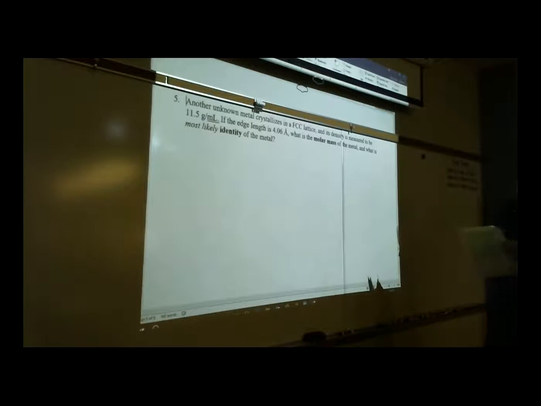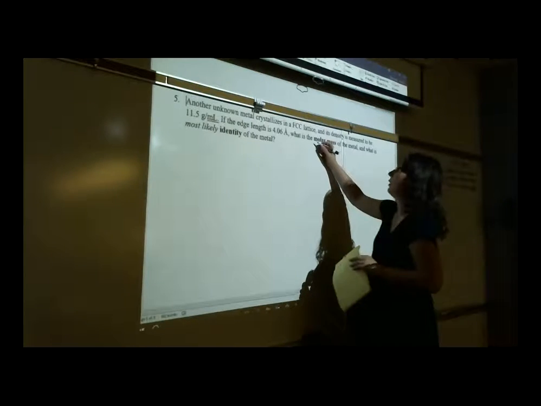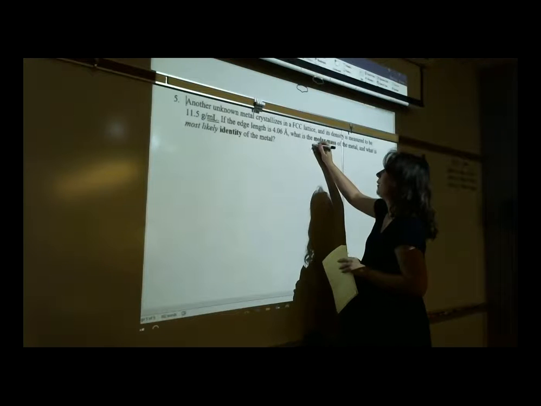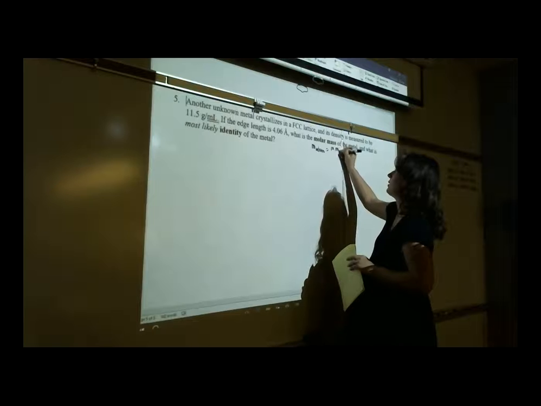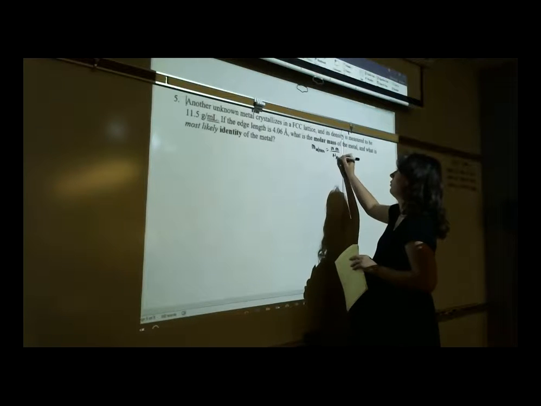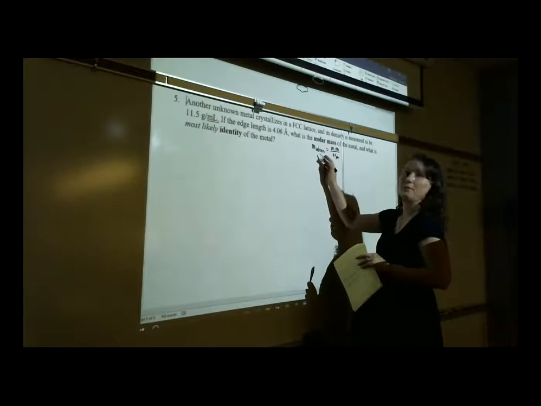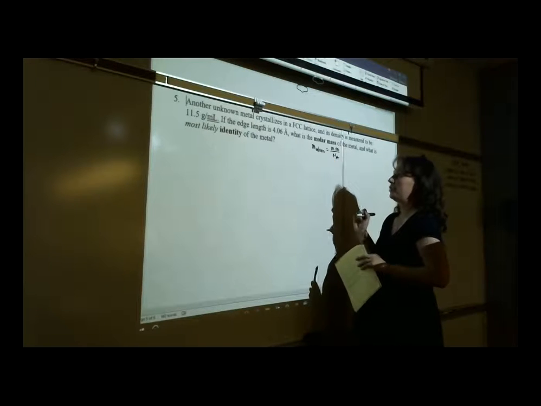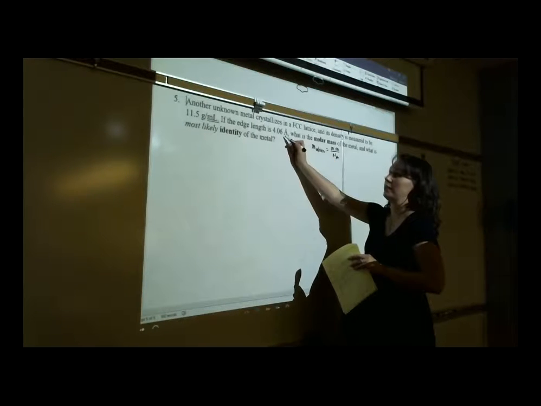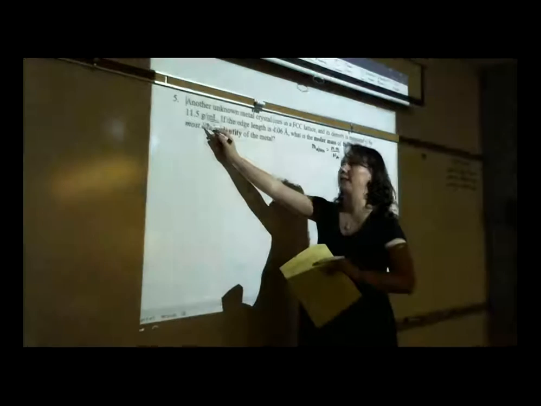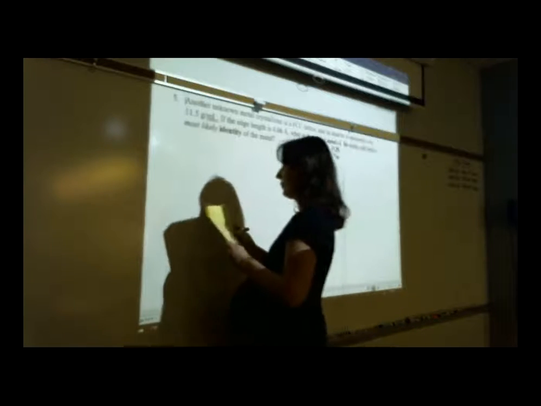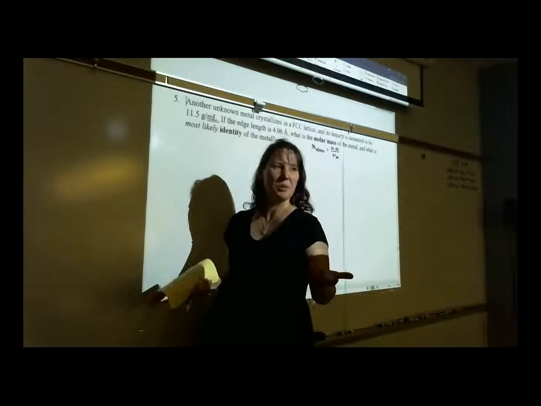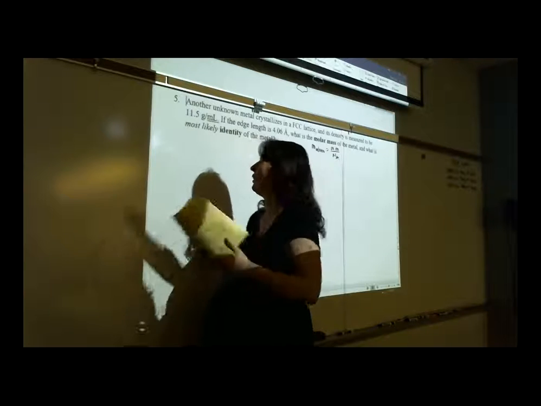Because remember, our ultimate goal, if mass of an atom is molar mass over Avogadro's number, is to eventually get mass of an atom. So that means we need to turn this into centimeters, so we can turn it into a volume, which we can multiply by the density to get mass of the cell, which then we can use to get mass of the atom. So it's a lot of steps, right? But it's not horrifically difficult math.